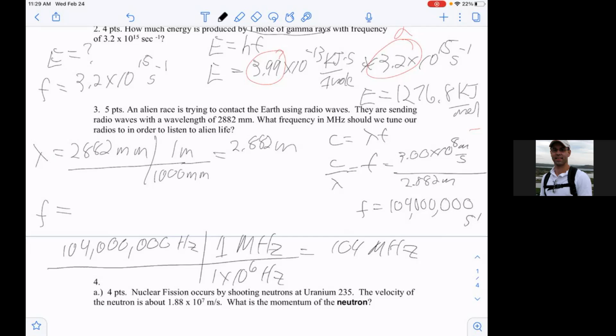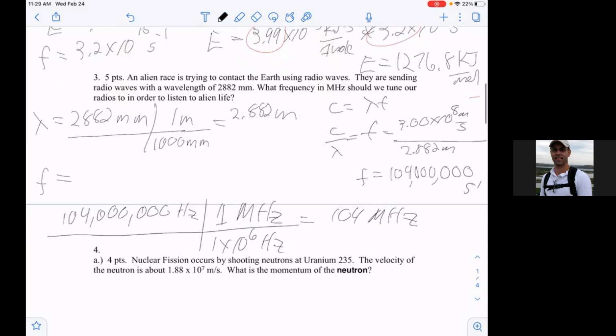If you go to your radio and dial in 104 megahertz, that is the radio station Z104. So they're telling you the frequency to tune in at.